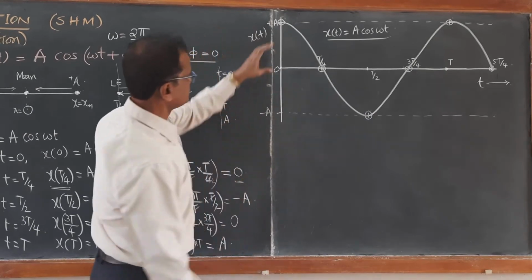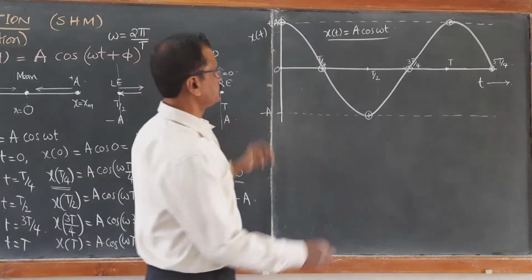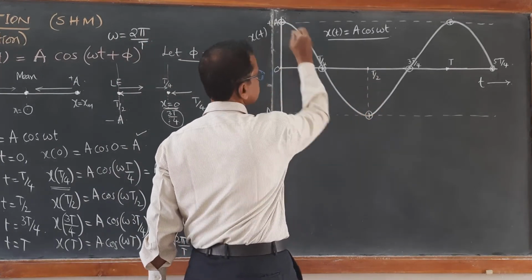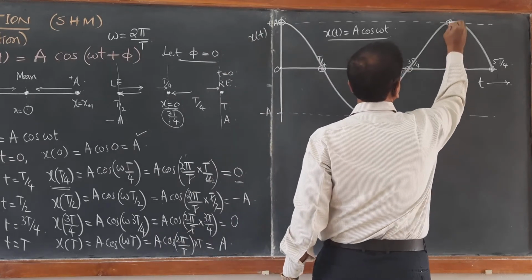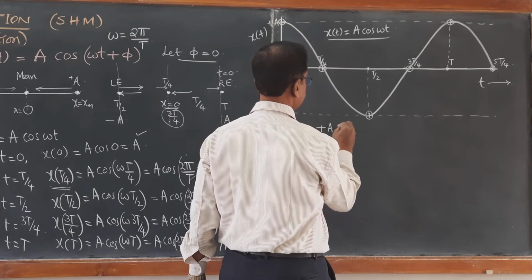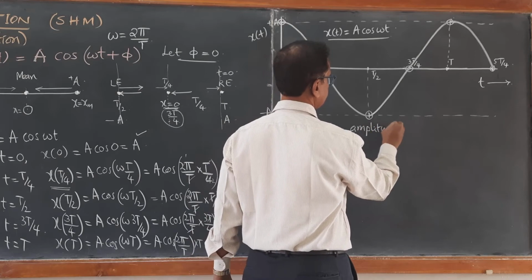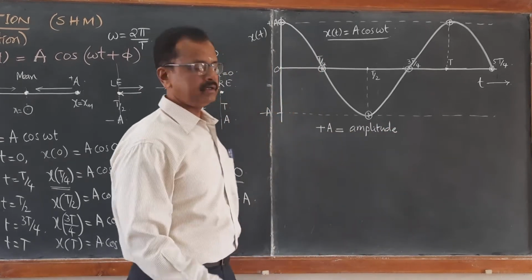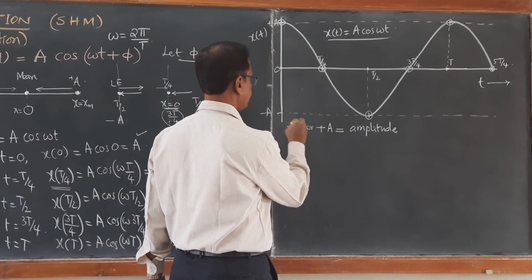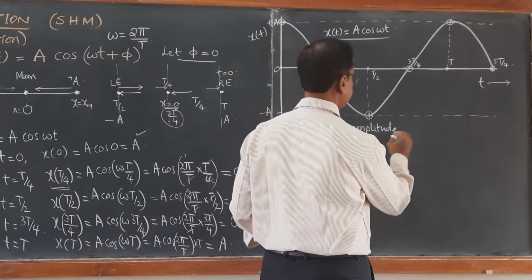Then in this, the maximum displacement is called amplitude. You can see the maximum displacement here is minus A in this case, and here it is plus A. Actually, we take the magnitude of plus A or minus A as amplitude. What do you mean by amplitude?